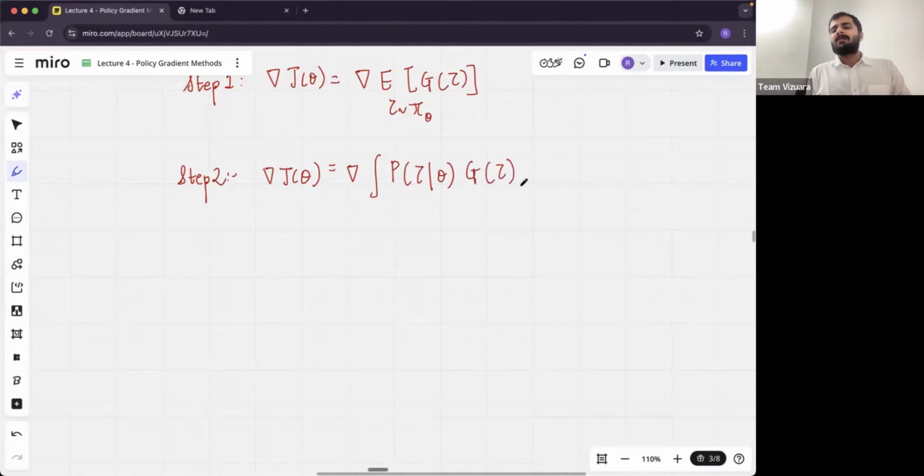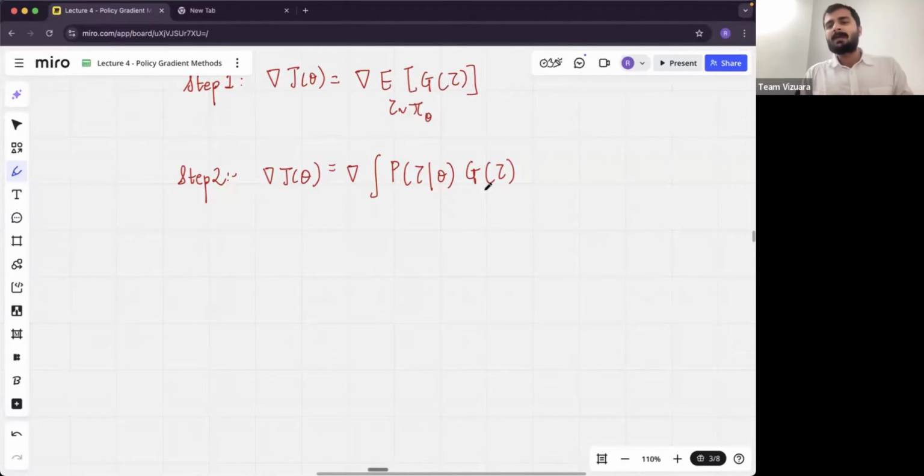If you're throwing a dice and you want to find the expectation of that event, the probability of the top side being 1 is 1 by 6, so 1 by 6 times the face value, which is 1, plus 1 by 6 times the face value 2, and so on.